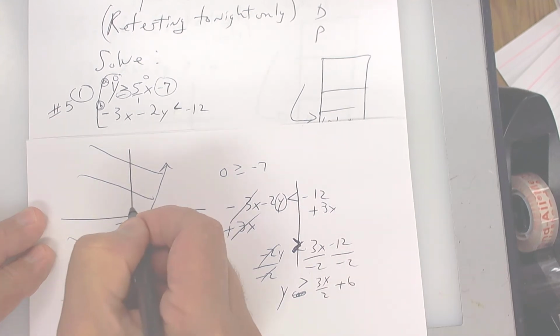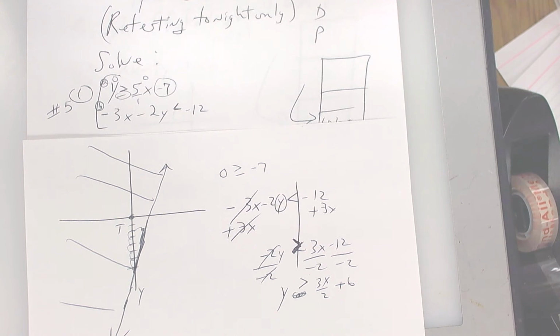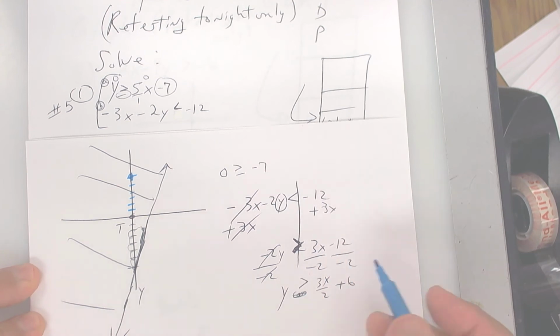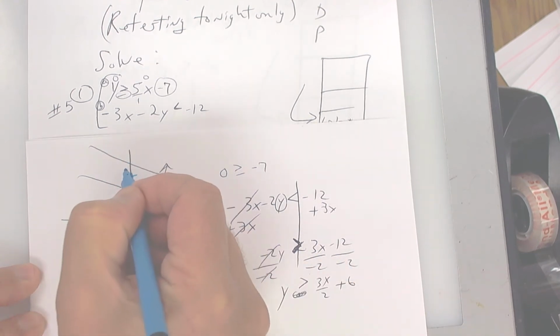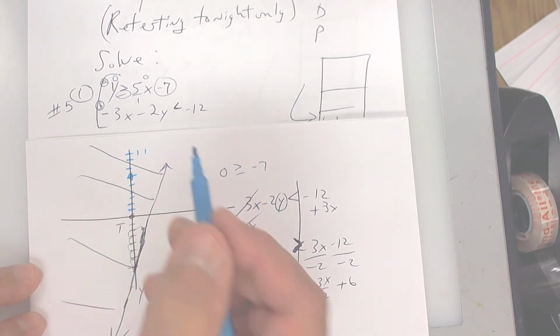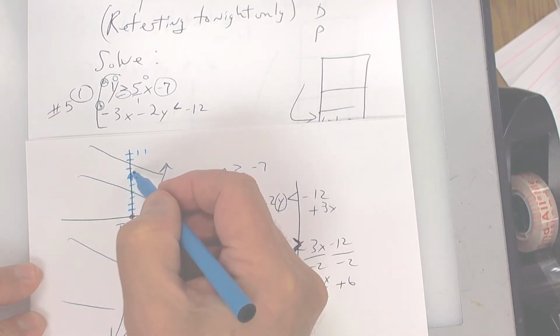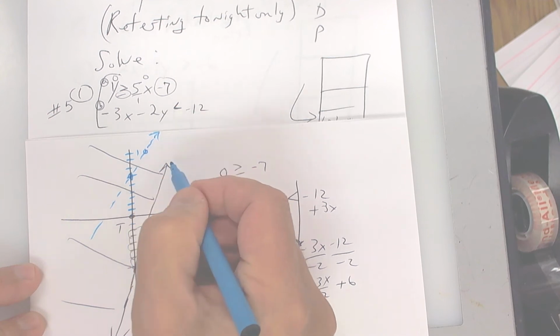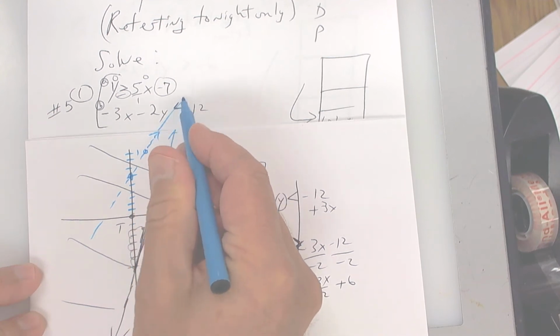I go up 6. So I'm going to use a different color. Put a dot, and then my slope is up 3 over 2. 1, 2, 3, 1, 2, and it's broken. This one looks like it's going to intersect somewhere way over here.